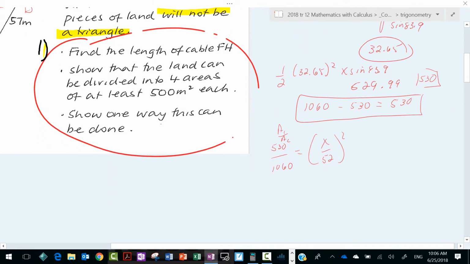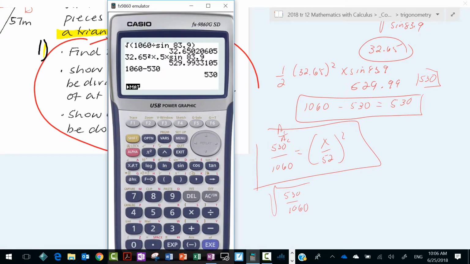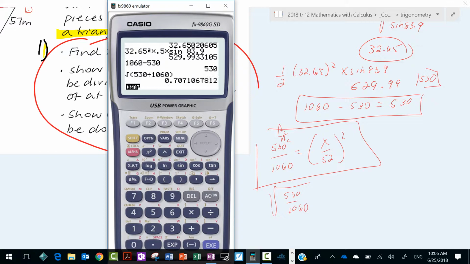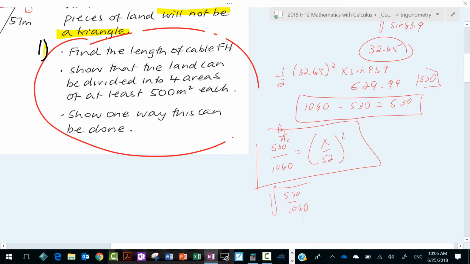And so then I do that relationship, and then I can do the square root of that, which is 530 over 1060, but we've already talked about this. The square root of 530 divided by 1060 is 0.71, which is equal to x over 52. So basically you're taking 0.71 of the long side to find the short side.